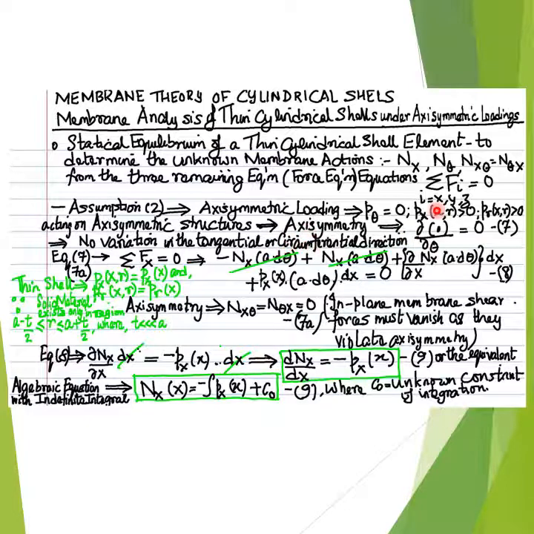Hence, substituting 0 value of the variational terms involving variation of any physical quantity with respect to the tangential or circumferential direction theta as 0, the statical force equilibrium equation in the x direction results in equation number 8, cancelling the like terms with opposite signs.